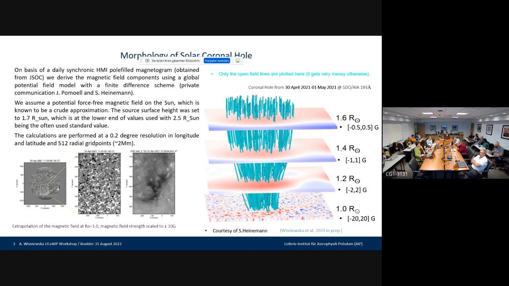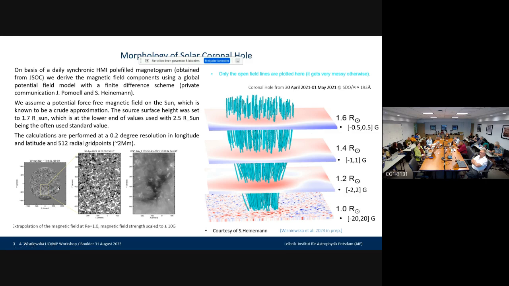So we assume a potential force-free magnetic field of the Sun, which is known to be a crude approximation. The source surface height was set to 1.7 solar radii, and the lowest end of the values uses 2.5 solar radii. Here I'm showing you only the open magnetic field lines because otherwise it gets too messy.